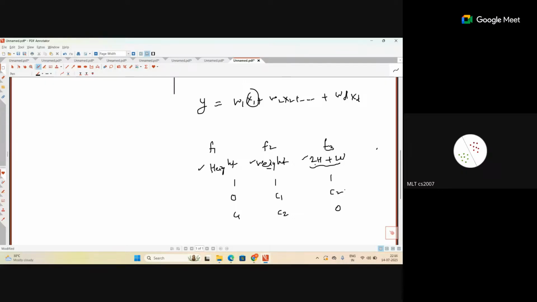The only thing is, maybe this c1 is, let's say, 2 and this is 3. Still, for understanding purposes, let's say we have given some weightages. If I give more weightage to these two, I'm able to solve that problem. More weightage, let's say here 3 and 4, and I'm going to give this 0.